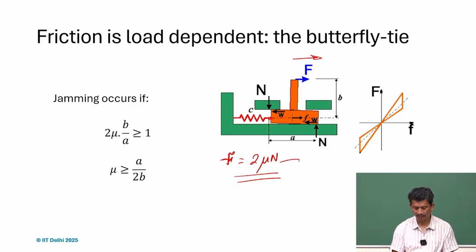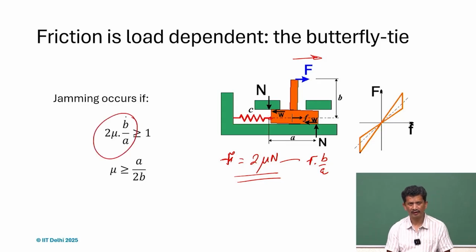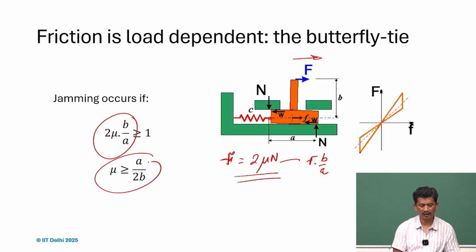Where n is F B by A. So if this value 2 mu B by A is greater than 1, or if we rearrange, what we realize is that mu is greater than A by 2B, so a function of A and B.